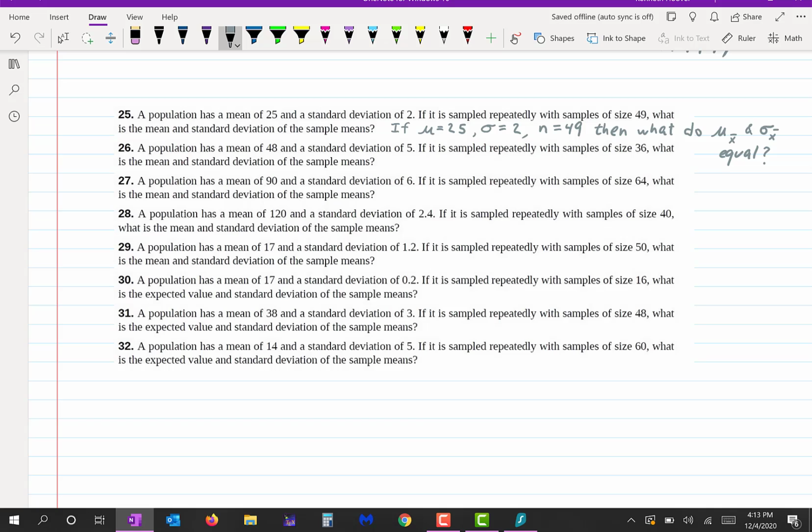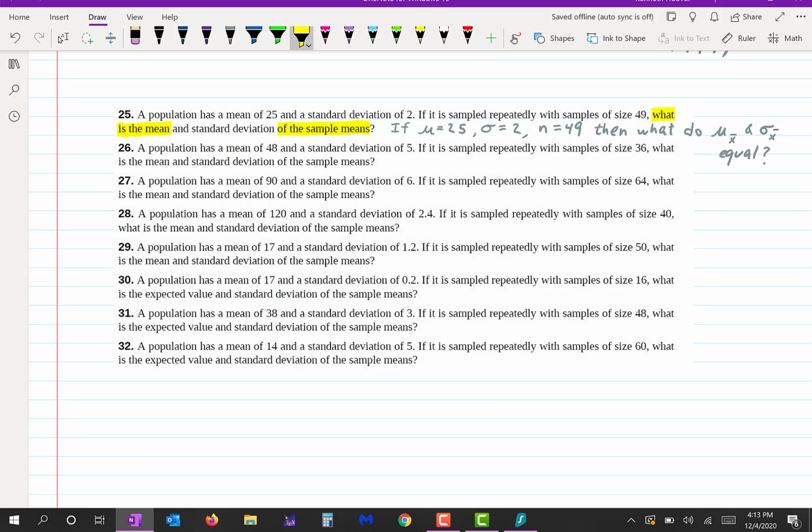Okay? I do want to point out something, though, that looks different. Look at this 125, it says, what is the mean? Don't worry about standard deviation right now, but just look at this. What is the mean of the sample means? Okay? Further down, they change their wording.